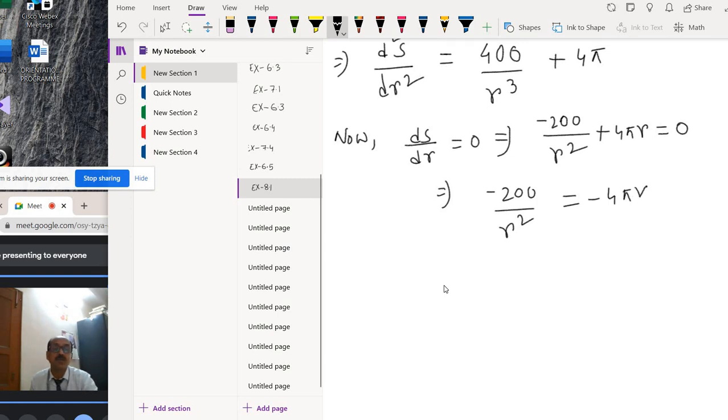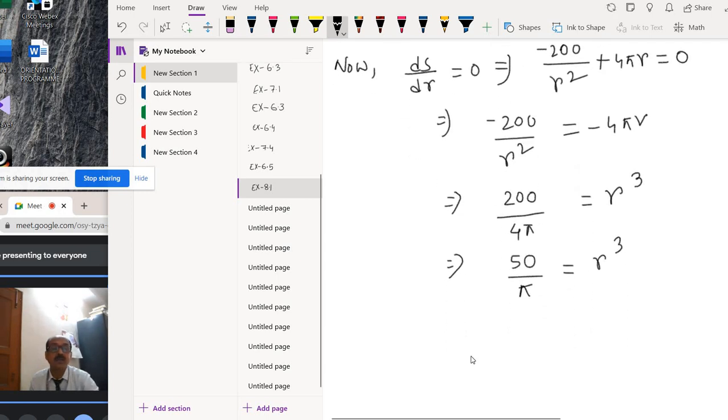The minus signs cancel on both sides, so 200 by 4 pi equals r cube. Cross multiplying, 200 by 4 is 50, so 50 by pi equals r cube.